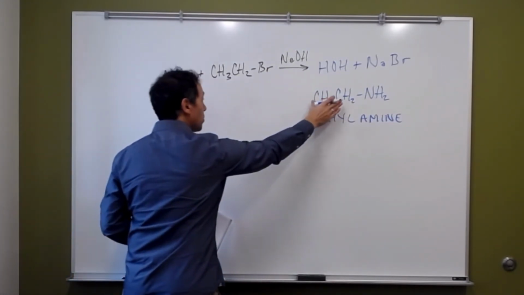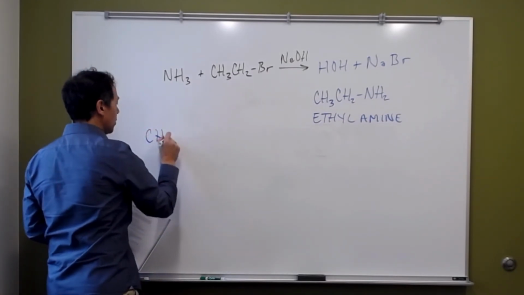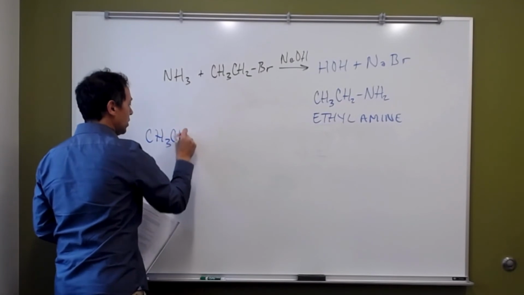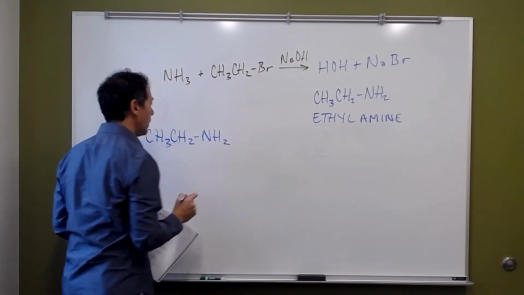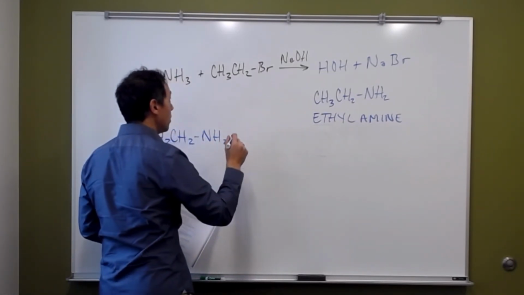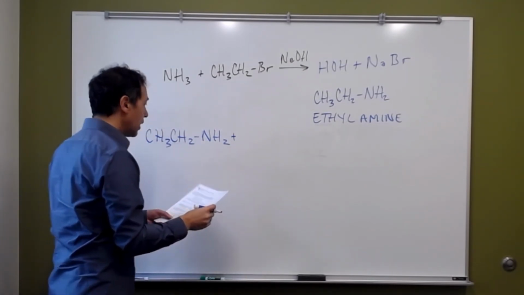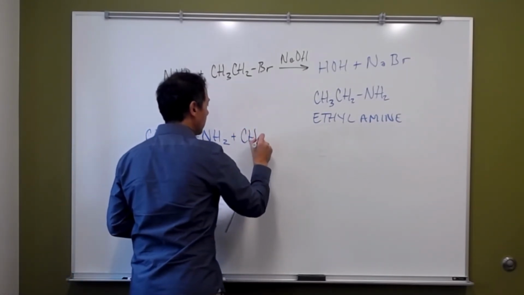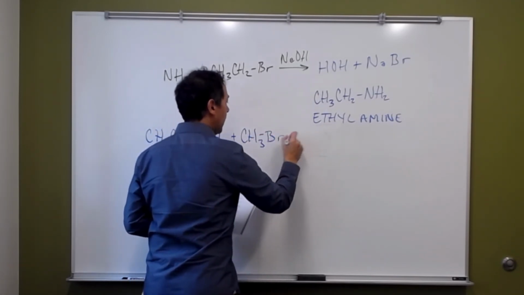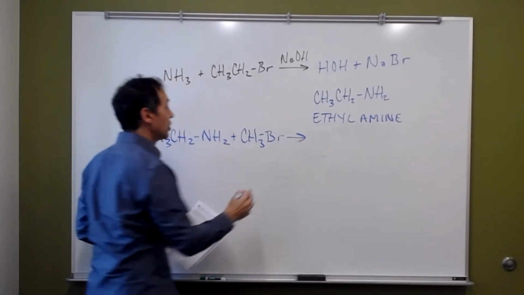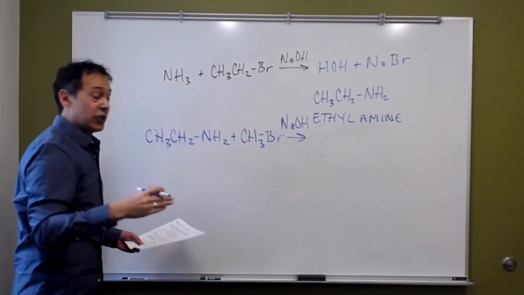So I'm just going to take this molecule, bring it right over here, and I'm going to go CH3CH2NH2, and then I'm going to react it here with CH3Br, okay, and we'll do this with the same conditions, NaOH, like this, and the same thing's going to happen.